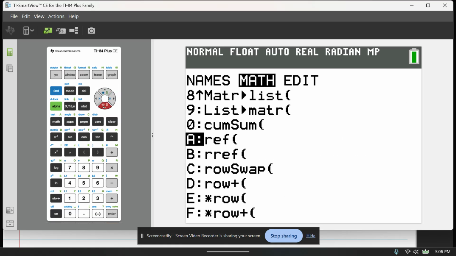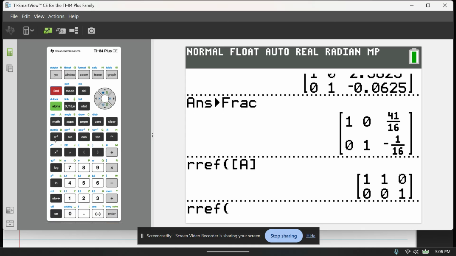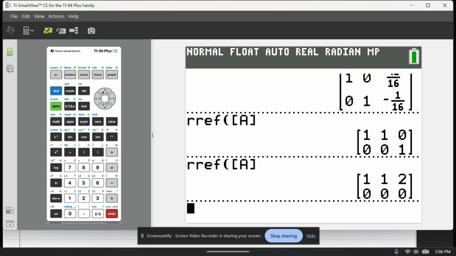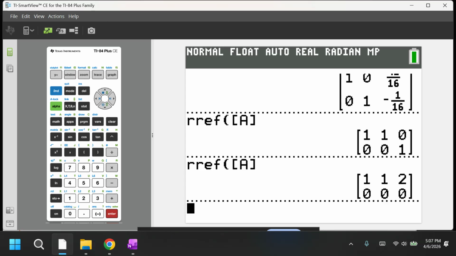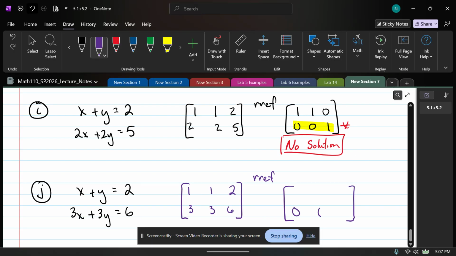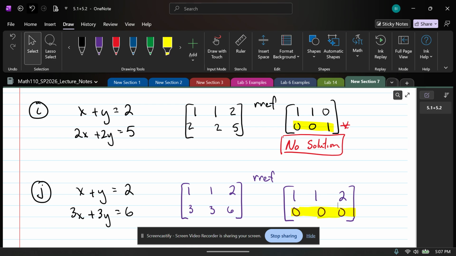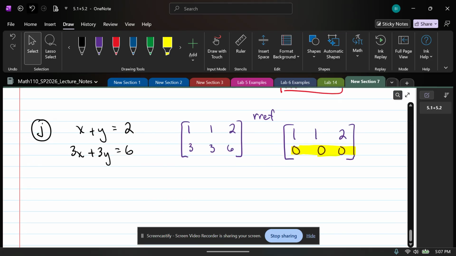RREF again, matrix A again. The bottom row has all zeros in it. That bottom row is telling me that 0x's plus 0y's is equal to 0, which is always true. So we got all zeros on that bottom, so that's going to tell me that this is infinitely many solutions.